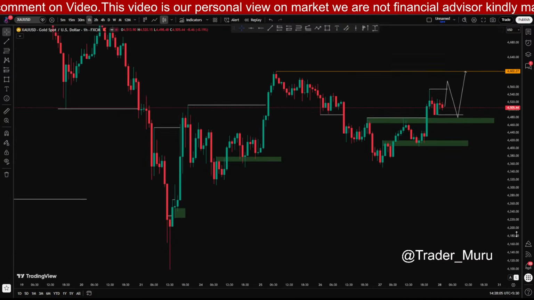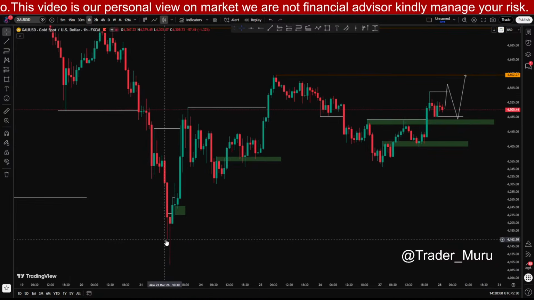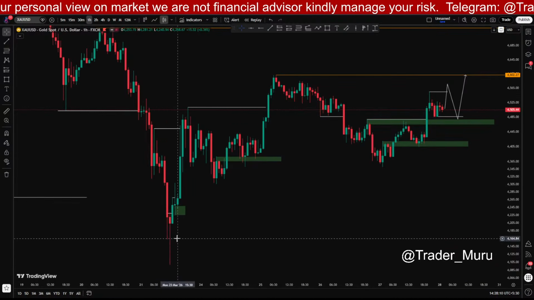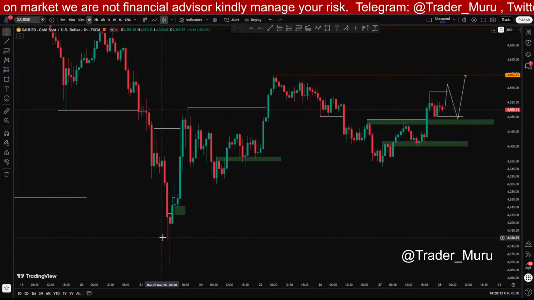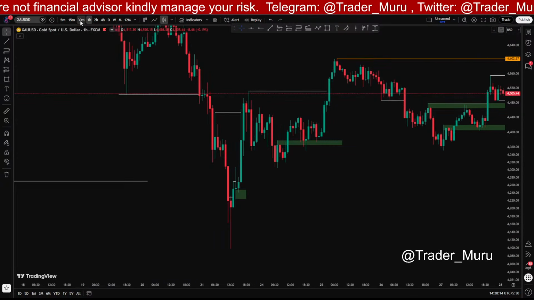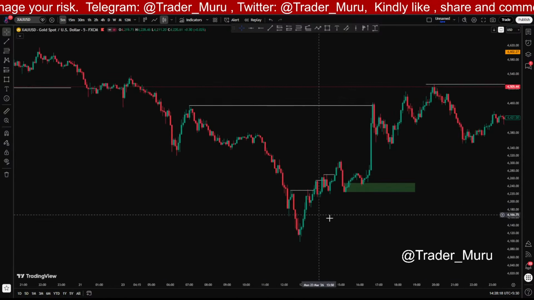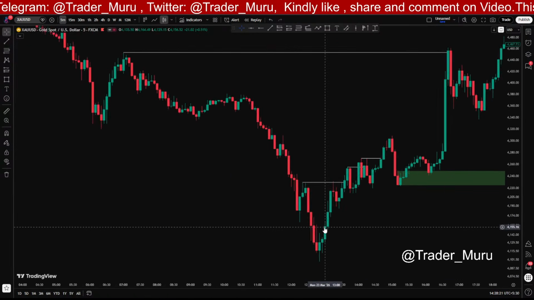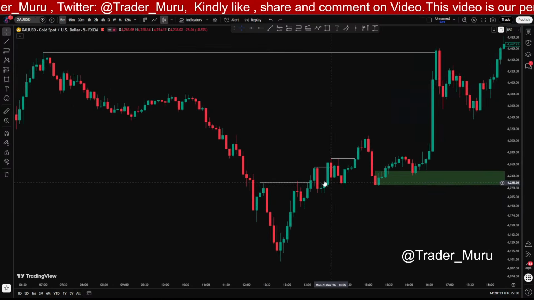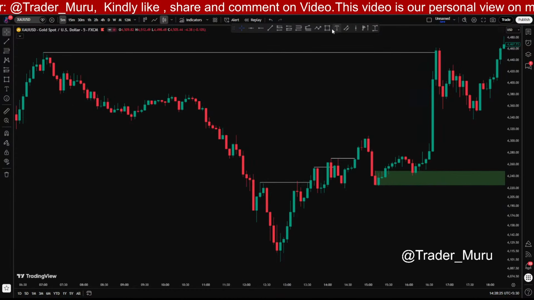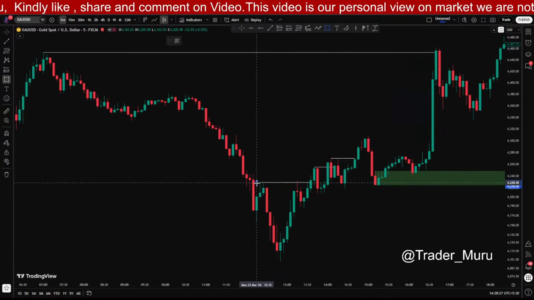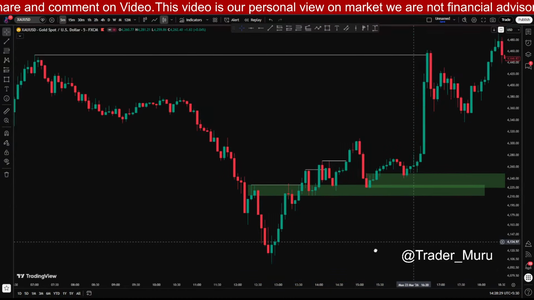One of my students is in long from here, from this sweep. I don't even know how he did it, but he is long from here, after this breakout and retest, on a swing trade and targeting a new ATH.